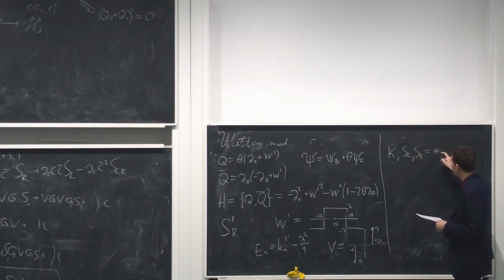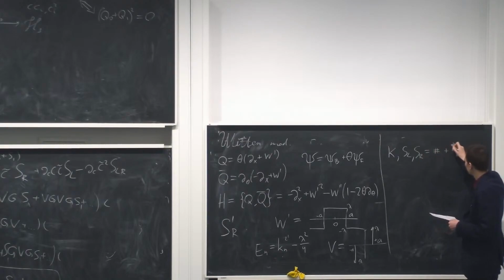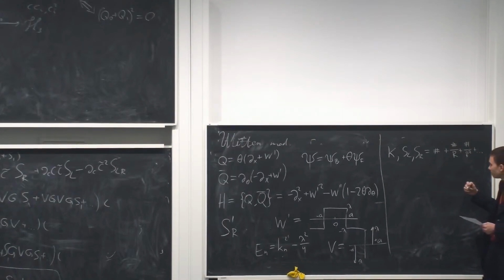They behave as something plus something over R plus something else over R squared and so on. So it's a series in 1 over R that starts with the constant term. And when you want to go back to the line, when you want to go to R equals infinity, you're just left with these terms, and that's the matrix element you want.